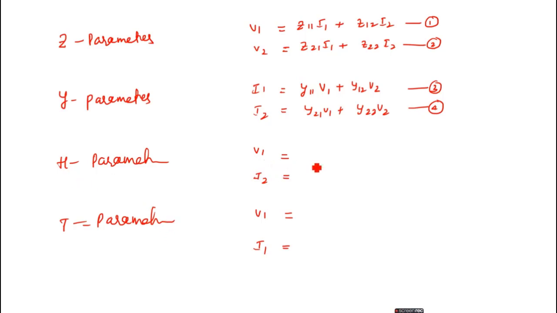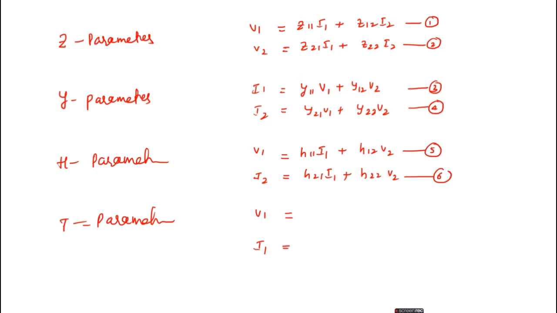Next, H parameters. V1 is measured in terms of V2 and I1. Can you tell me the expression? That is H11 into I1 plus H12 into V2. I2 equals H21 I1 plus H22 V2.